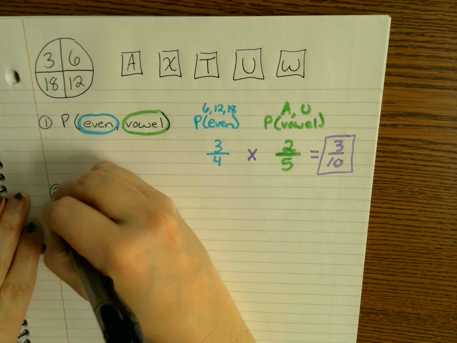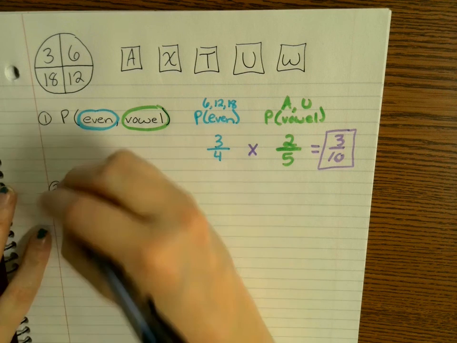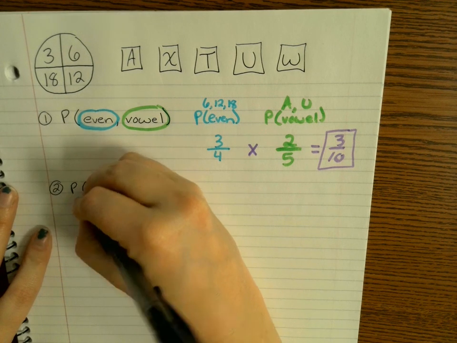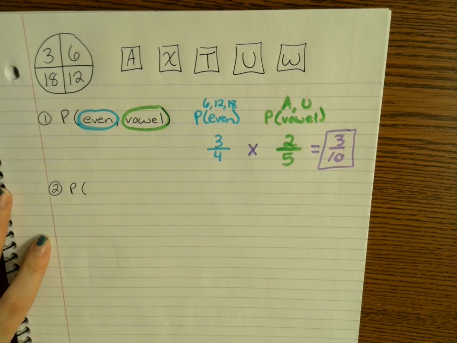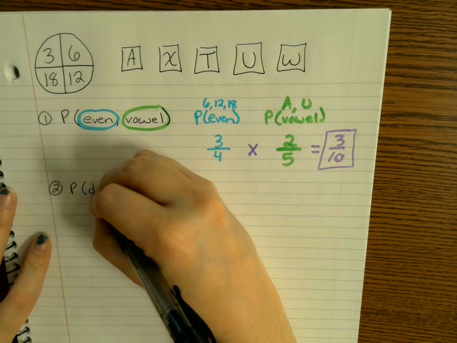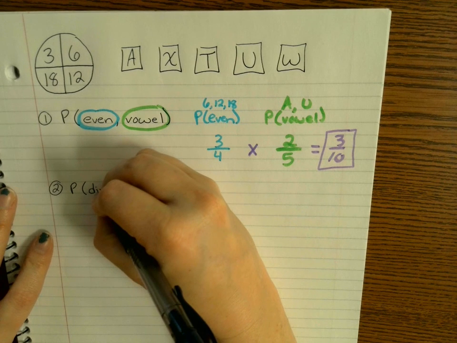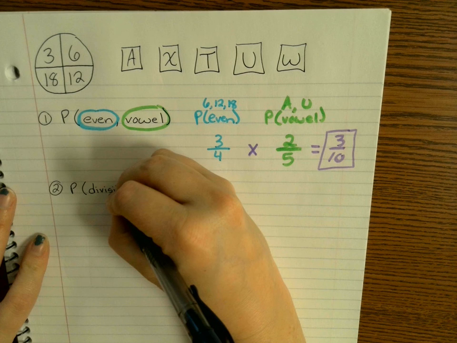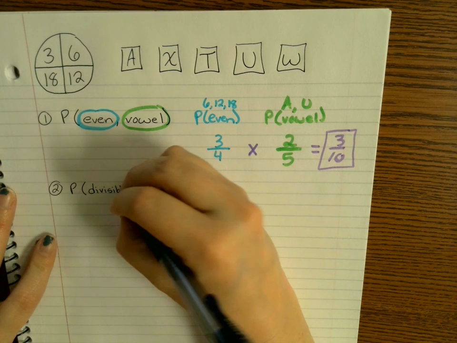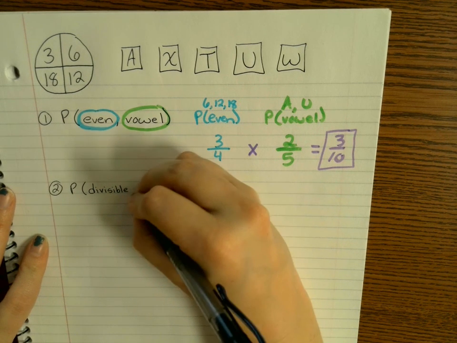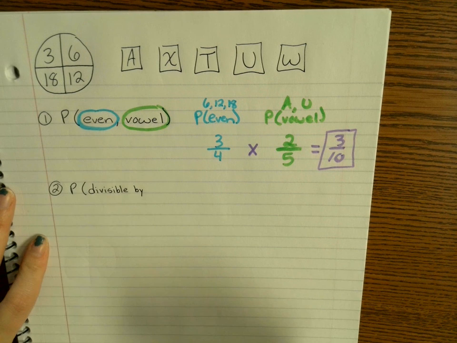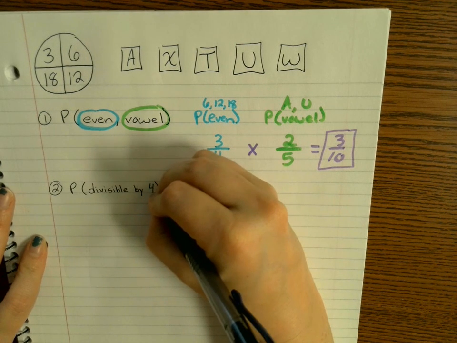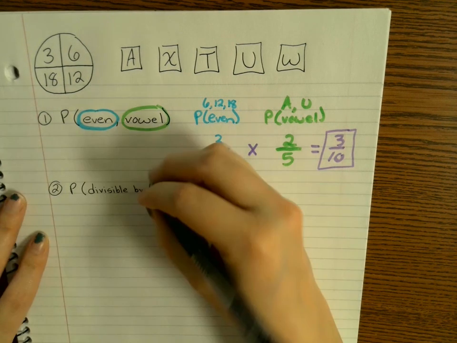I want the probability that I'm going to land on a number that is divisible by 4. Oops, sorry.